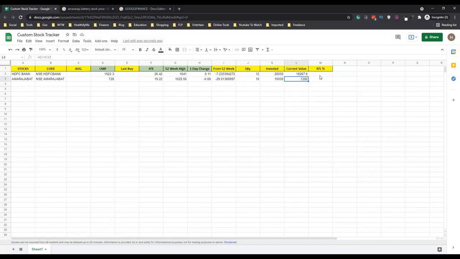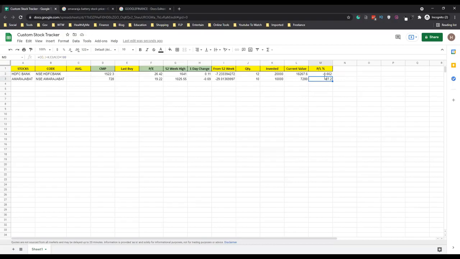Now how much profit and loss I have made. For that we can apply a formula: equal to current value minus how much I have invested, divided by investment, into 100 since we want to convert this into percentage. Right.